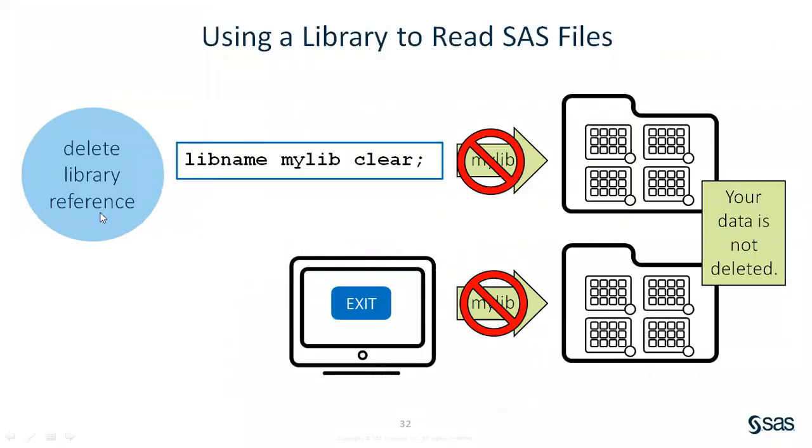If you want to delete the reference library, you can always write the libname statement, give your libref and clear. So this will disconnect the current connection made from the SAS environment to the physical location of your file. Another way of dissociating from the library or the physical path is to simply log out of your session. But your data is not going to get deleted.